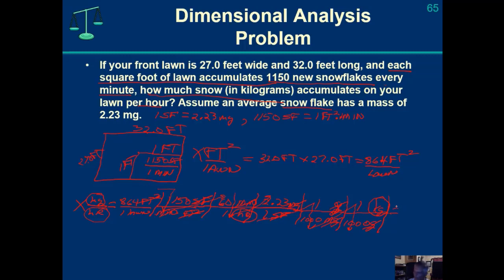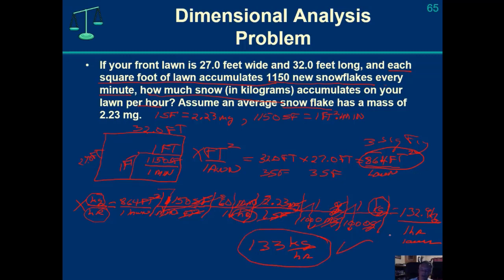And that's going to give me my answer. That's how I'm putting it in my calculator. And so I come up with 132.9 kilograms every 1 hour on the lawn. But to 3 sig figs, I'll go ahead and round up to 133 kilograms per hour that accumulate on my lawn. And that's how we do that.